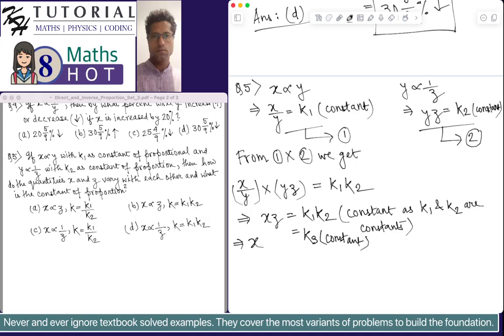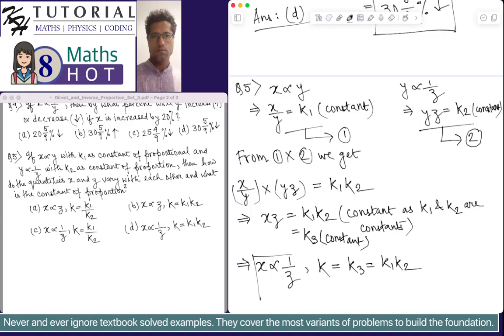So we can now say that the quantities x and z vary inversely with each other. So x varies inversely with z, and the constant of proportion is k3, which is equal to k1 k2.